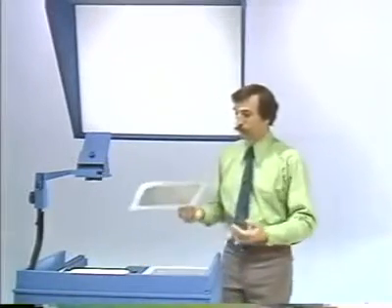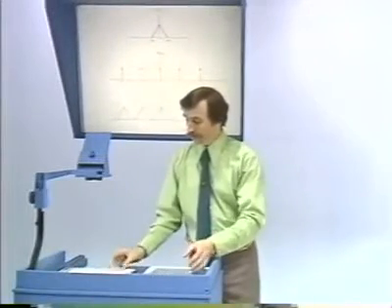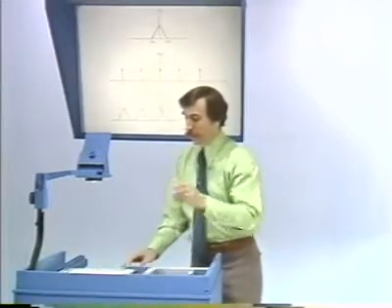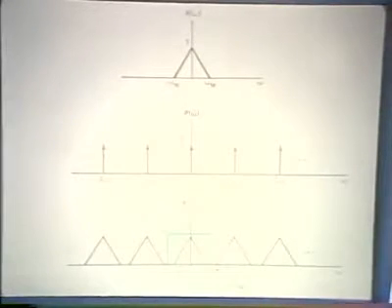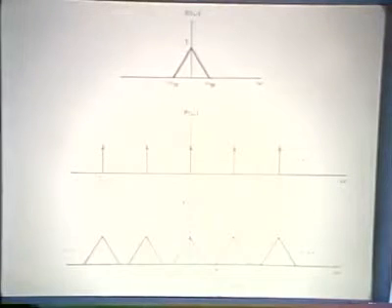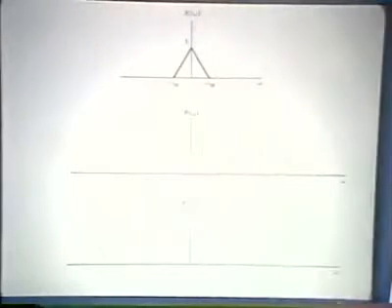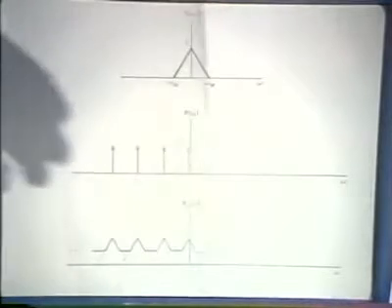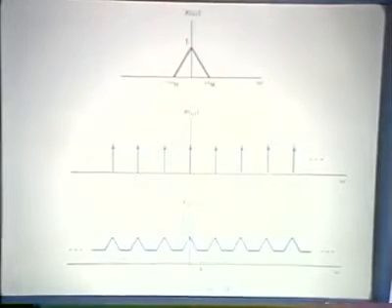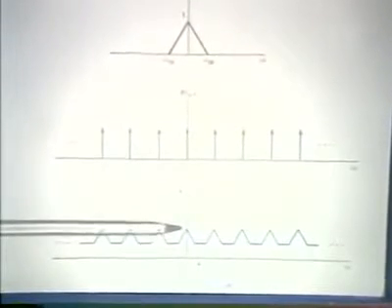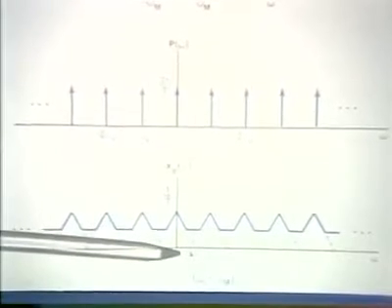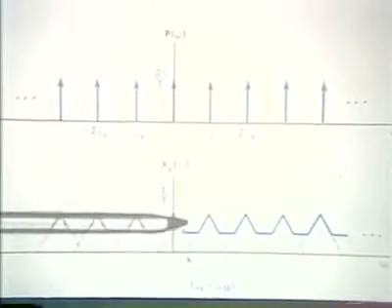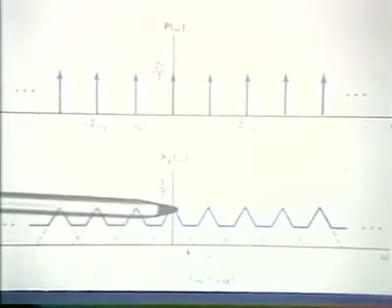In particular, if we look back at our original example, where here we were able to recover our original spectrum by low-pass filtering, if in fact the sampling frequency is not high enough to avoid aliasing, then what happens in that case is that the individual replications of the Fourier transform of the original signal overlap, and what we end up with is some distortion.